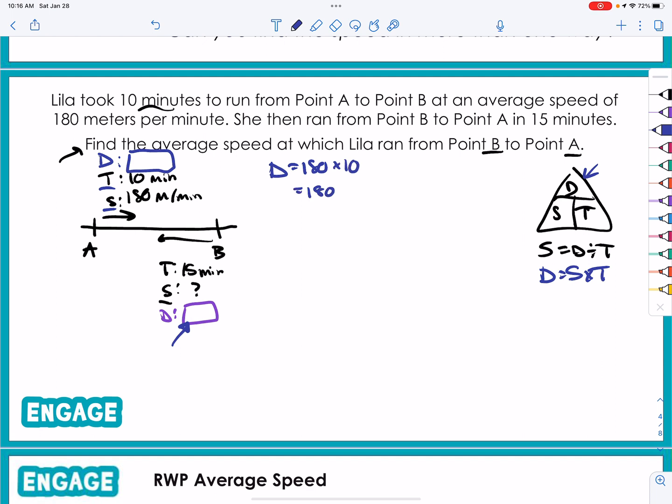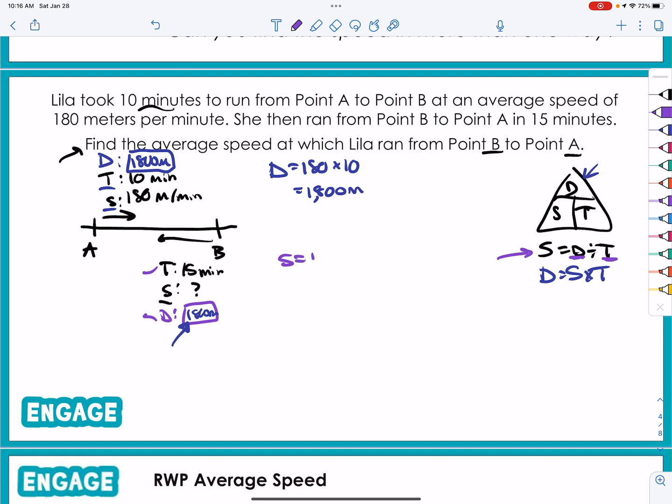So that's going to be 180 with an extra zero on there, or 1,800 meters. So if that's how far it is from A to B, that's also going to be the distance from B to A. So now I know my time, I know my distance, and because I know these two pieces of information, I can calculate my speed.